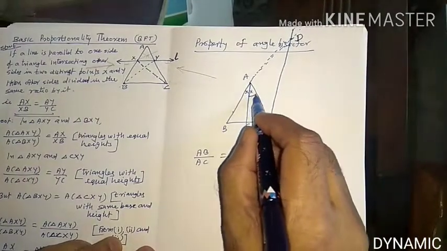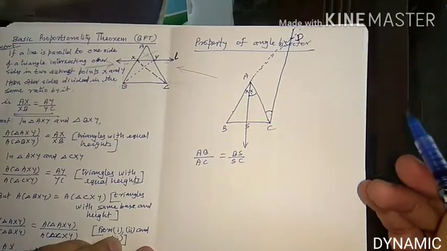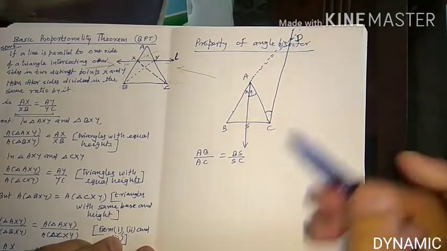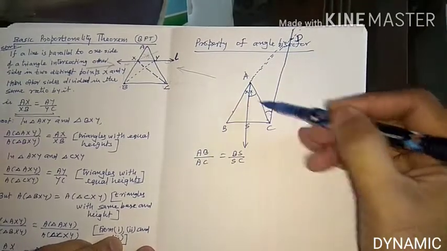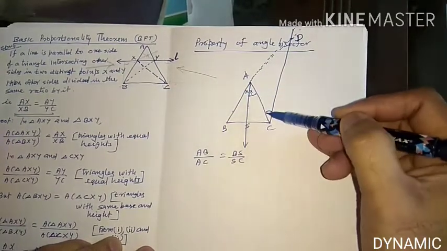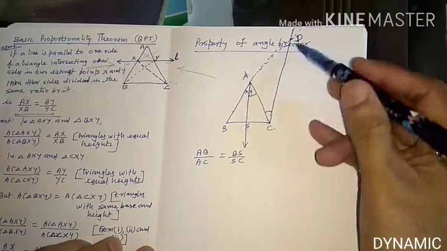So what is this? This is one pair of alternate angles. In 9th standard you studied, two lines are parallel and there is a transversal, so one pair of alternate angles is formed. Alternate angles are congruent because the lines are parallel.